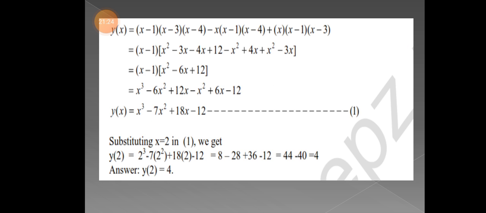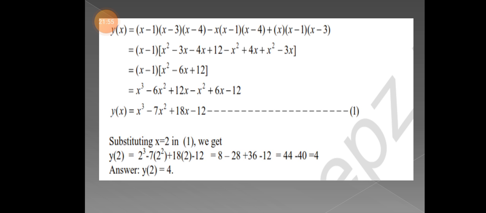So in the next line, what they have done here is: obviously the first value x minus 1, x minus 3 and x minus 4 was given here, minus x into x minus 1 into x minus 4, and x into x minus 1, x minus 3 was given here. So they have multiplied the polynomials, and just taken out the common value, that is x minus 1, which was common in all the polynomials.